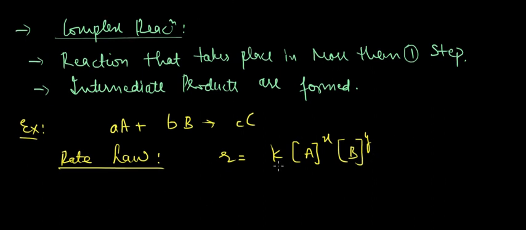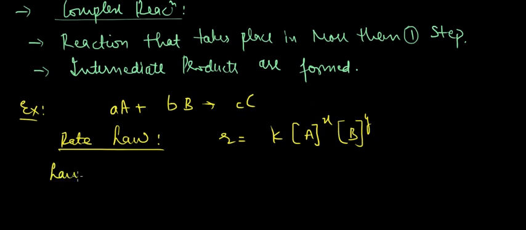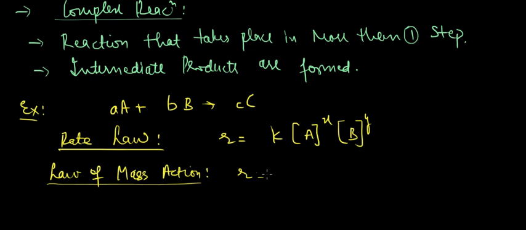And the law of mass action says that rate would be equal to rate constant times concentration of reactant A raised to the power stoichiometric coefficient of A, multiplied by concentration of B raised to the power stoichiometric coefficient of B, which is small b.